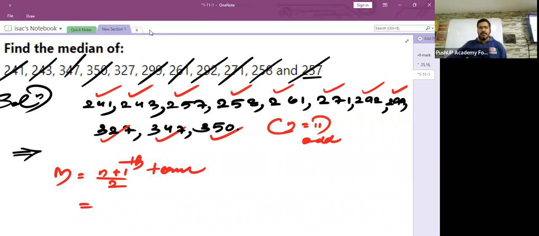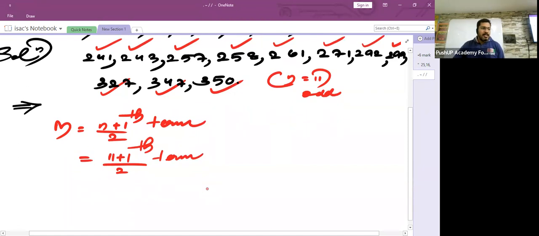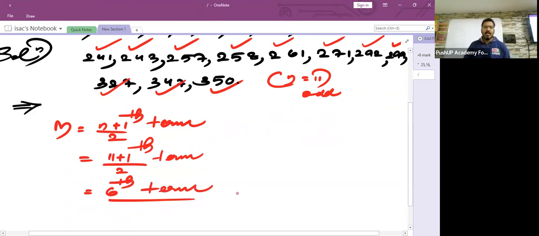All right, very good, Dane. So now n is 11, so it becomes the (11 plus 1) by 2th term. 11 plus 1 is 12, and 12 by 2 is 6. So the median is equal to the 6th term.